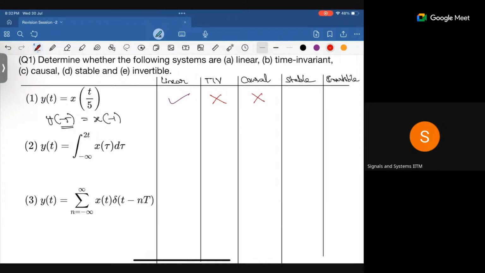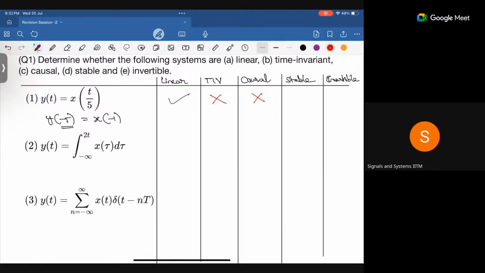Okay, so be careful. Again, if it is scaling, then it will not be causal. Any scaling involved, it will not be causal. What about stability? Will scaling impact the amplitude values? If x of t is bounded, will the scaled version be unbounded?